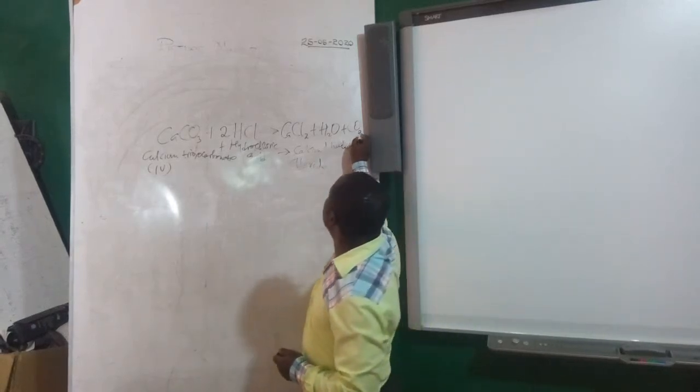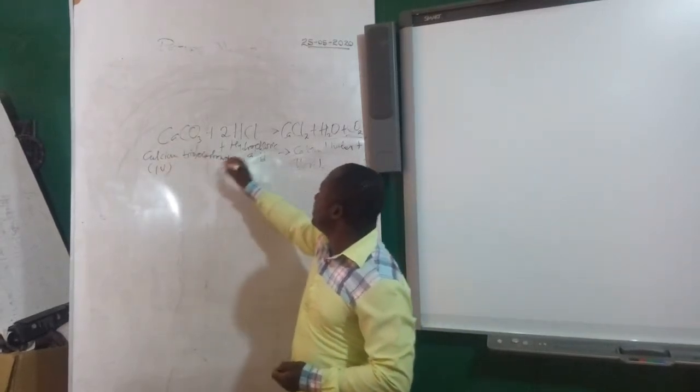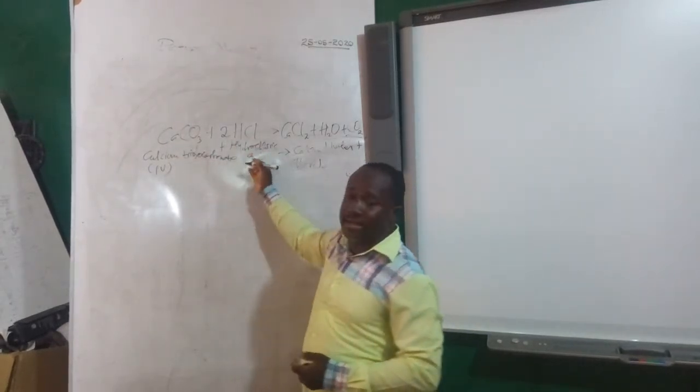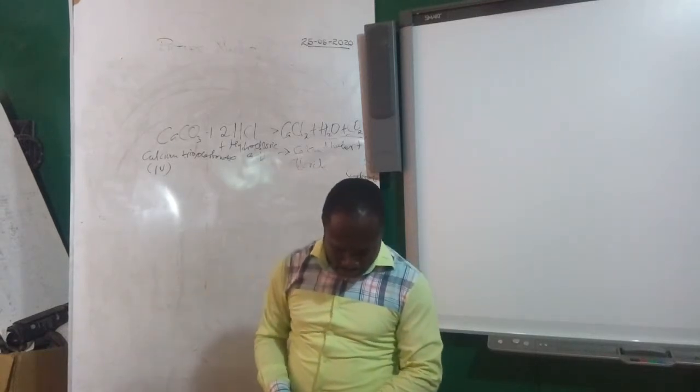So this is how carbon 4 oxide is produced. When a carbonate is reacted with acid, carbon 4 oxide is produced.